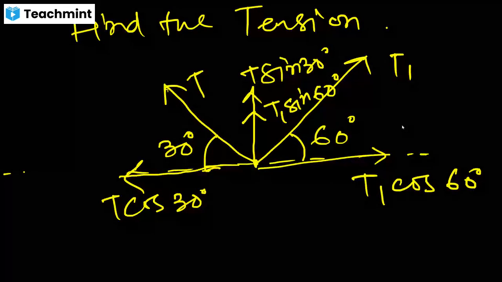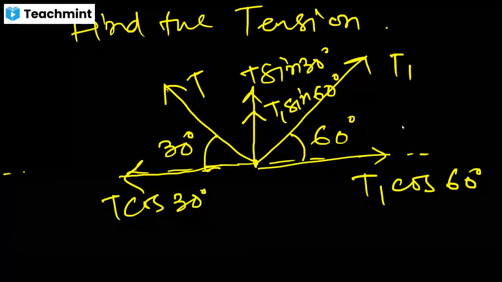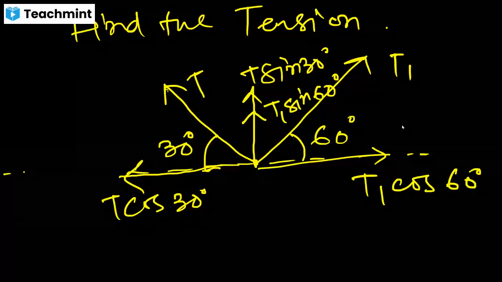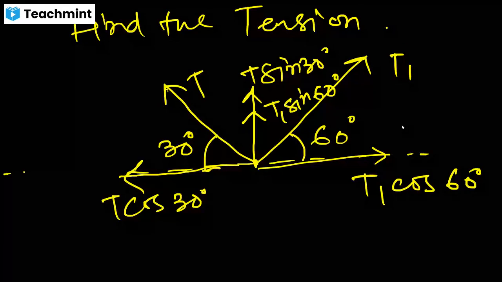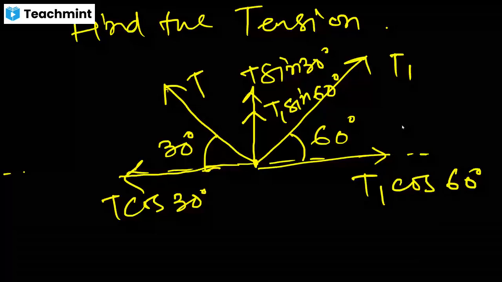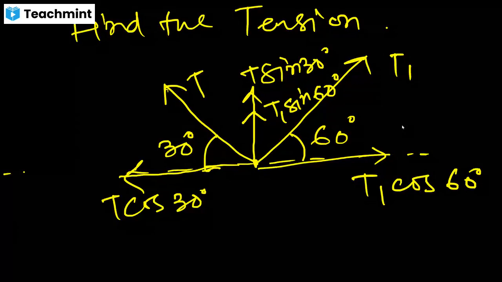For this tension force T, the angle of inclination is 30°. So along the base T cos 30, along the perpendicular T sin 30. For this T1, along the base T1 cos 60, along the perpendicular T1 sin 60.